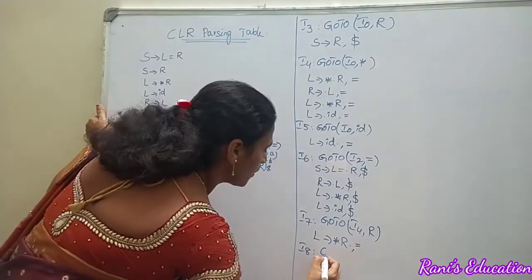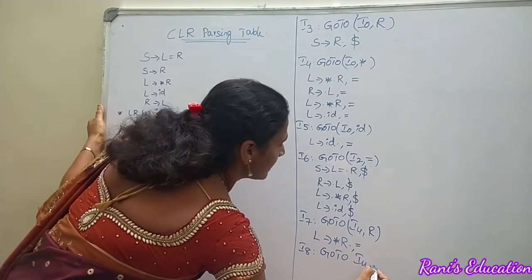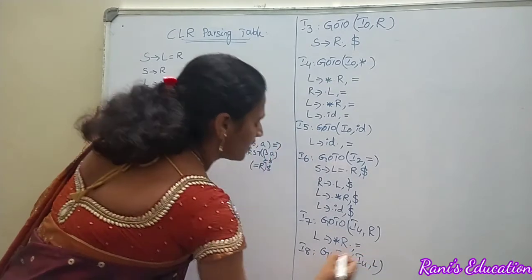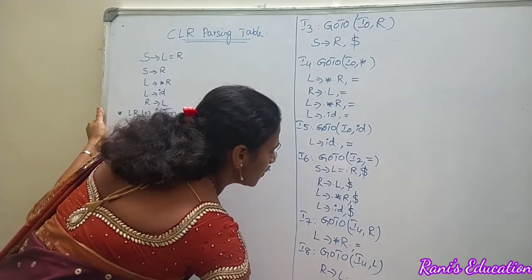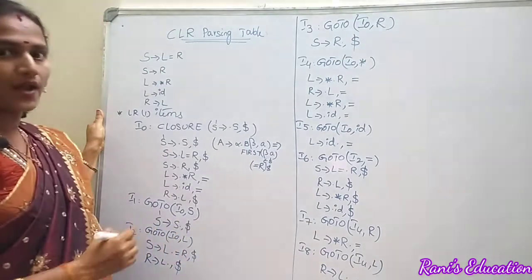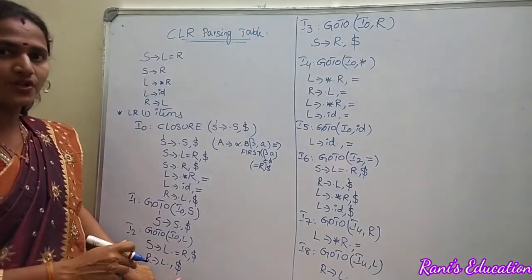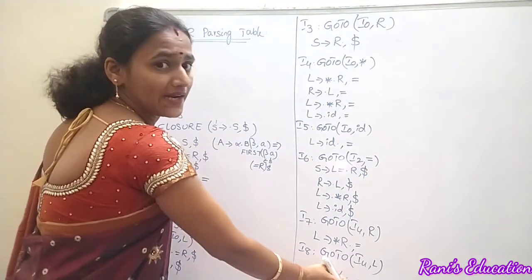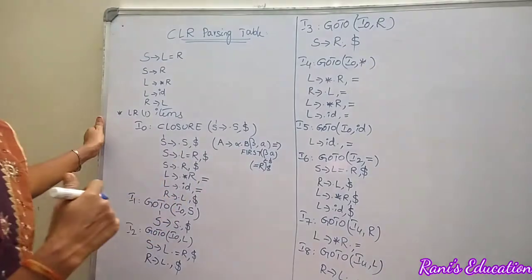So that is goto of I4 comma L. Now the production becomes R derives L dot, whose lookahead is equal. So we have completed the production with the lookahead dollar, wherein here the lookahead is equal. Right? Now move on to next one.